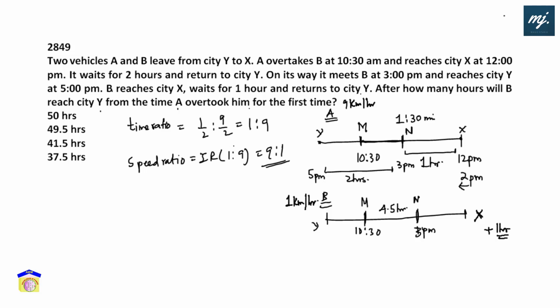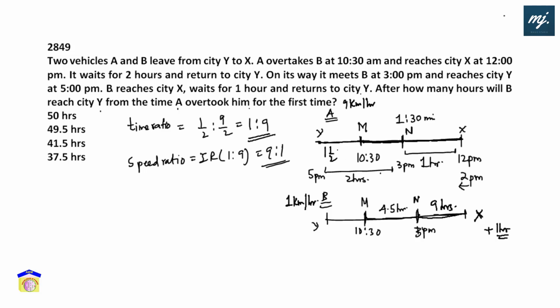Now we can use this simple time ratio to find it. A took half an hour to travel this distance, B took 4.5 hours. A took 1 hour to travel NX, then B will take how much time to travel NX? 9 hours. It's clear.